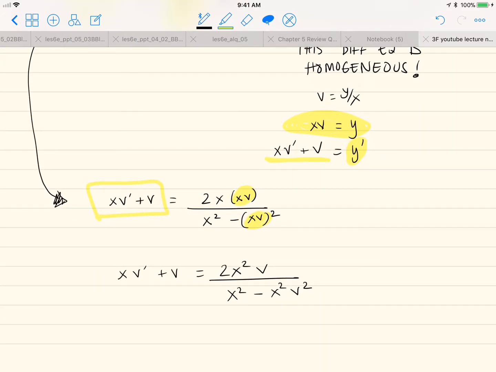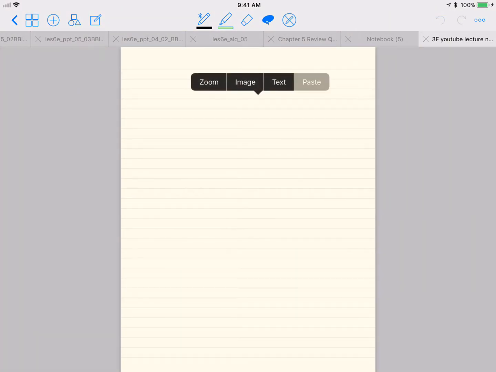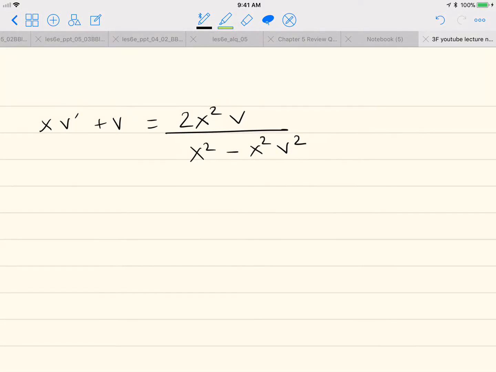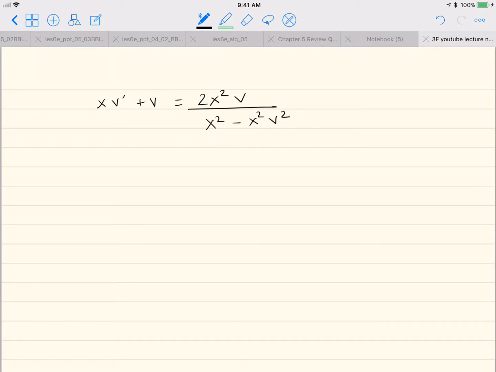Okay, let me copy and paste. So let's go ahead and simplify this, because ultimately I'm going to solve for v prime, and then once I solve for v prime, I can back substitute to figure out y.